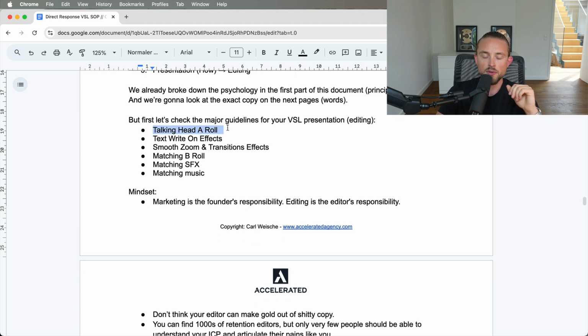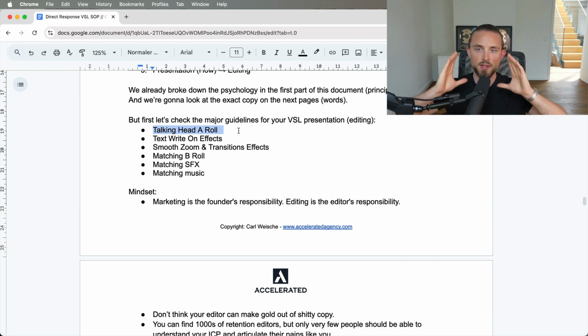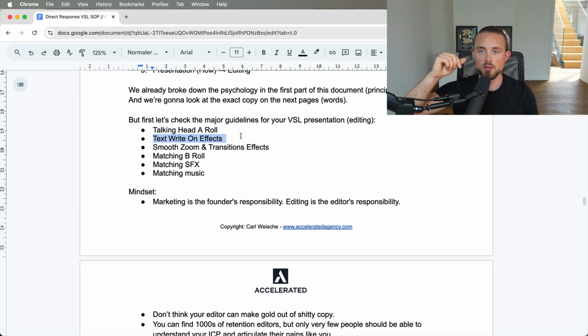And most of the time, these are the different editing effects, right? So in most cases, the VSL is a straight-to-camera shot of a person talking to the camera. So this is a talking head A-roll. Now, the next thing is that you write the text on effects, right? So you've seen this in a bunch of YouTube videos before, just writing the captions on the screen.